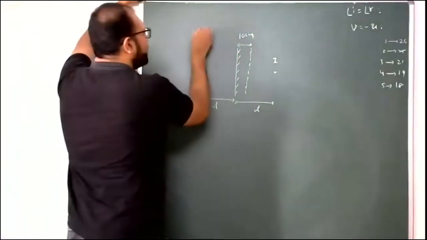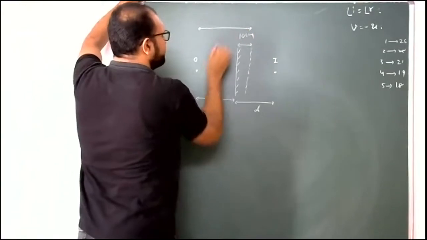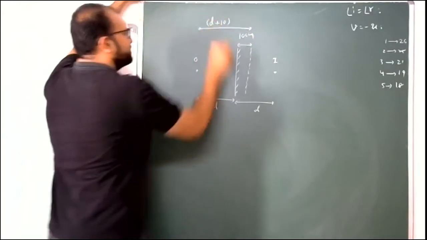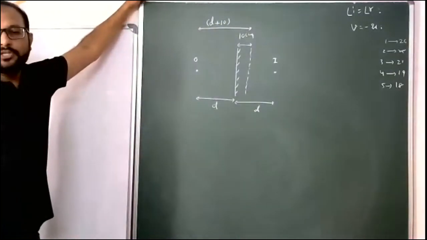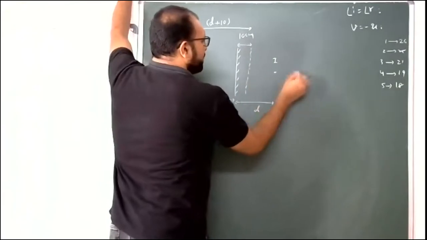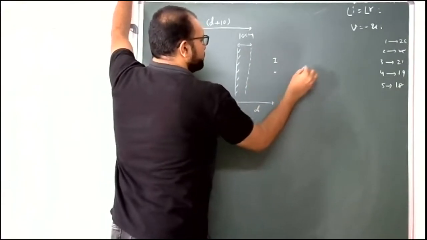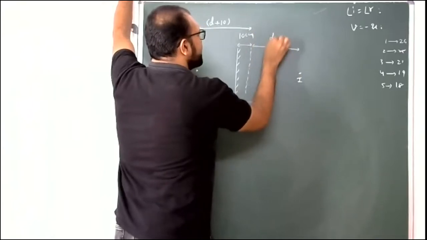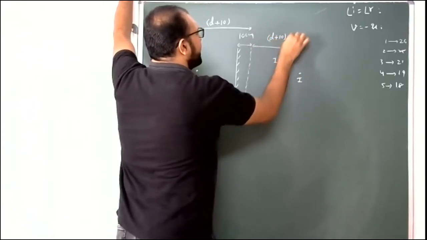Students, now from the new location of the mirror, the distance of the object is d plus 10. In the same way, the image is also formed from the new location at the same distance, d plus 10 centimeters.